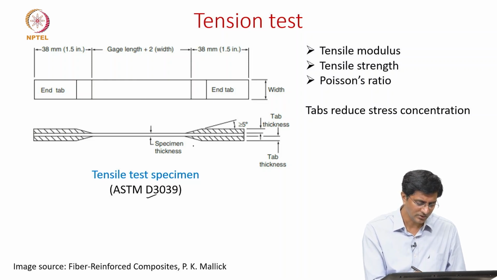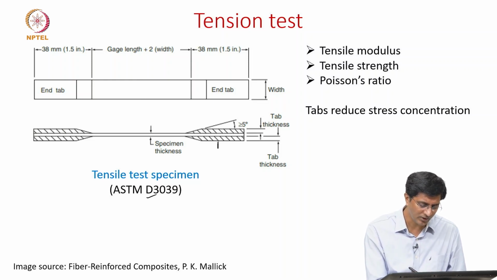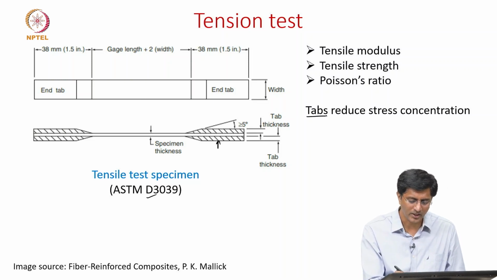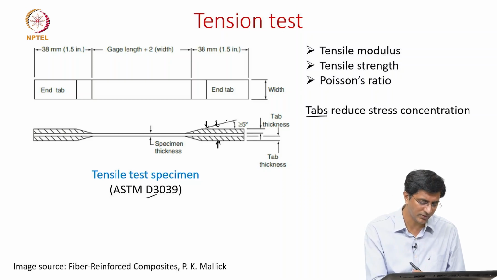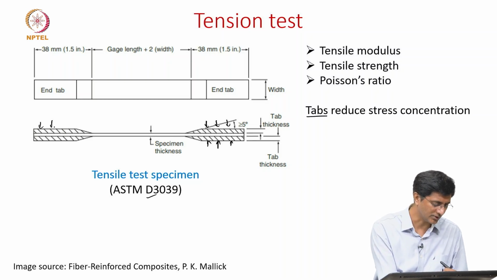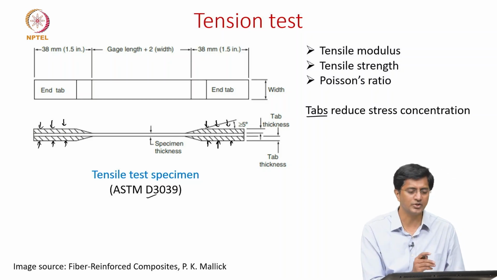As you can see here, towards the end of the specimen, we have tabs. Why are tabs used? These reduce the stress concentration at the gripping region, because here is the place where we grip the specimen to load it on both sides. So if we avoid stress concentration at the gripping area, we ensure that the failure happens at the middle of the laminate.